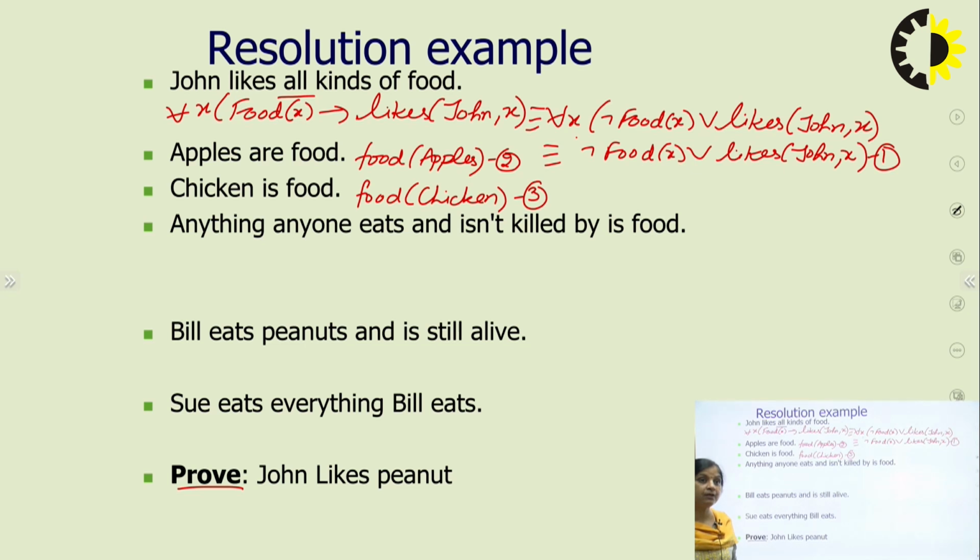So let me take one variable for the person who is eating and one variable for the thing which is to be eaten. So let me write it: for all x, for all y.